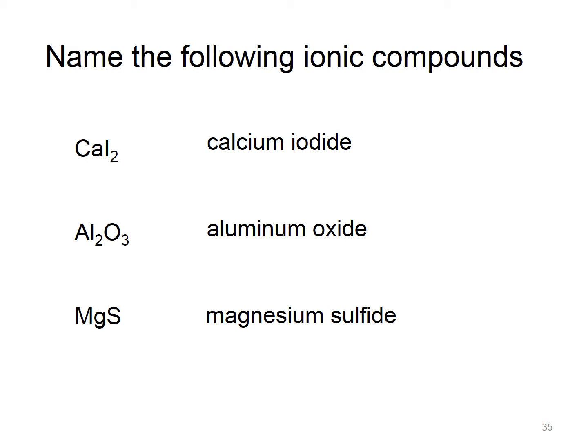We have 2 aluminums and 3 oxides, gets us to +6 and -6, 2 +3s, 3 -2s, but it doesn't matter. It's just what kind of ions do you have? Aluminum ion, oxide ion, we just call it aluminum oxide. Mg is +2, sulfide is -2, magnesium sulfide. Again, I want to point out that none of these names are capitalized in chemical compound names.